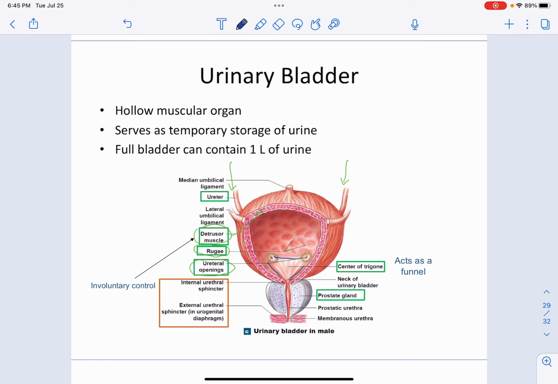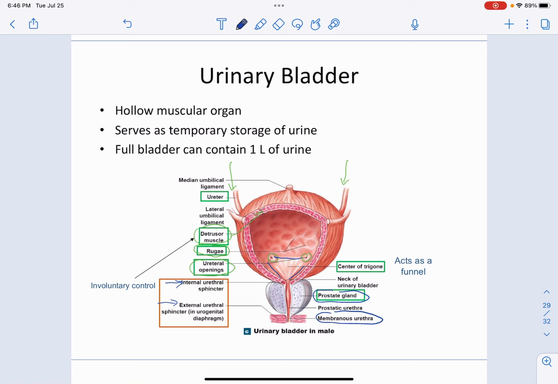There is an internal urethral sphincter and an external urethral sphincter, okay? The bladder depicted here would be male because you can see the prostate gland sitting around where the urethra is going to be. So here is part of the urethra.